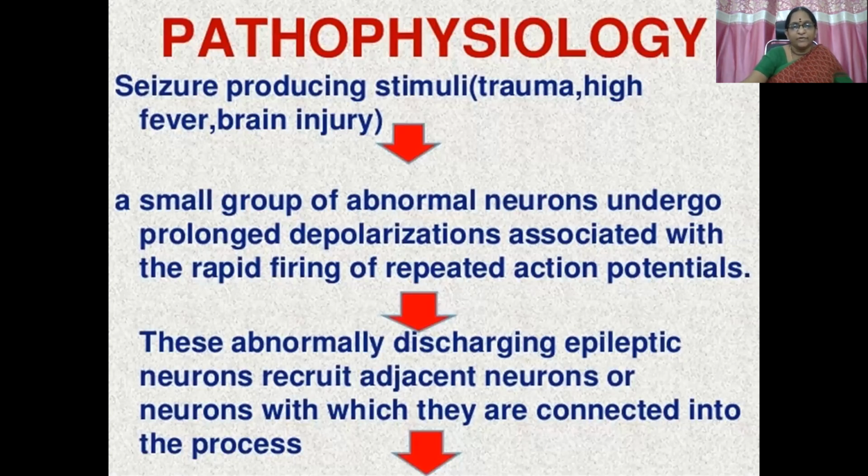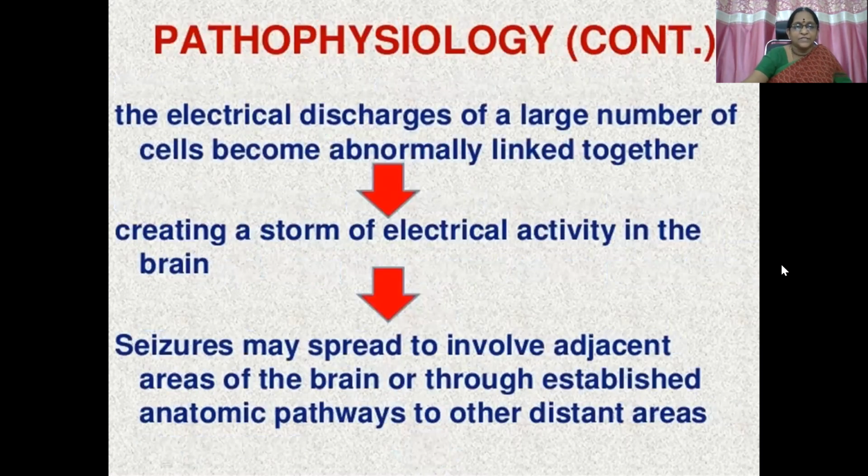A small group of abnormal neurons undergo prolonged depolarizations associated with the rapid firing of repeated action potentials. These abnormally discharging epileptic neurons recruit other adjacent neurons to join them in the process of seizure manifestation.